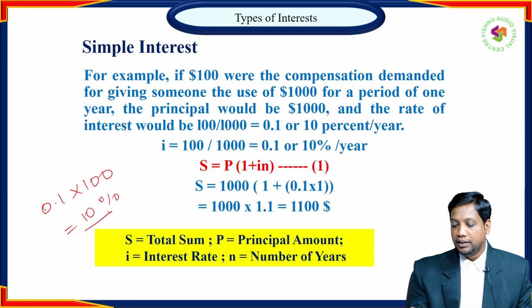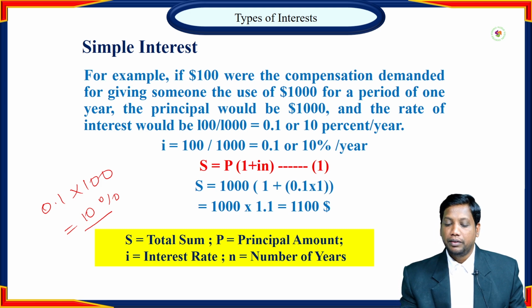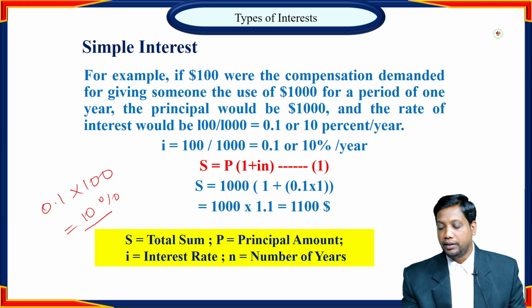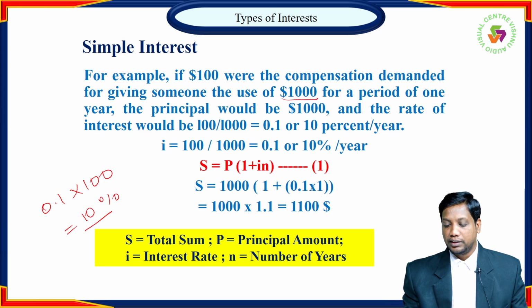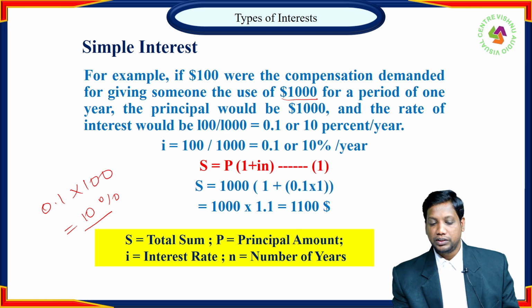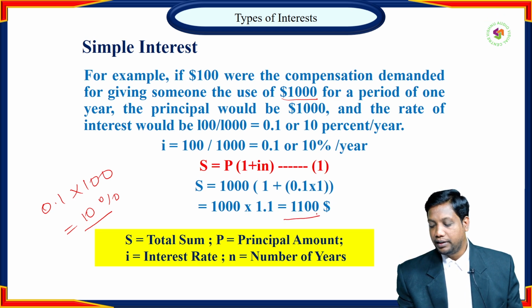Then the total sum accumulated, S equals P into 1 plus I into N, with P being $1,000, multiplied by 1 plus 0.1 into 1, that is 1000 multiplied by 1.1. So after 1 year, the total accumulated amount is $1,100.